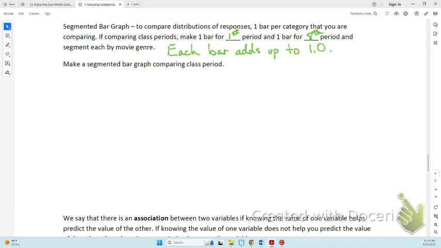So I start my graph. Whoops, that's kind of slanted. And this time I'm going to use the same exact numbers, but the horizontal axis is the other variable. So class period.